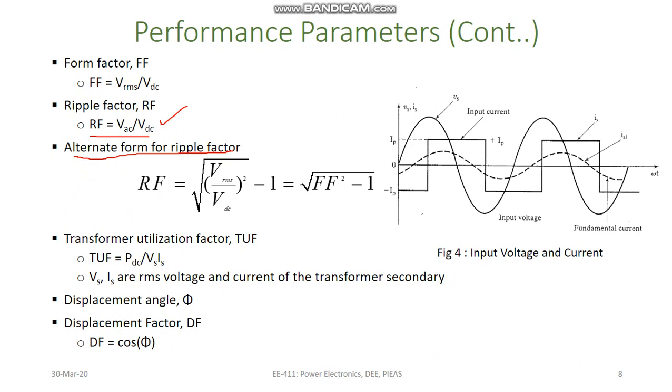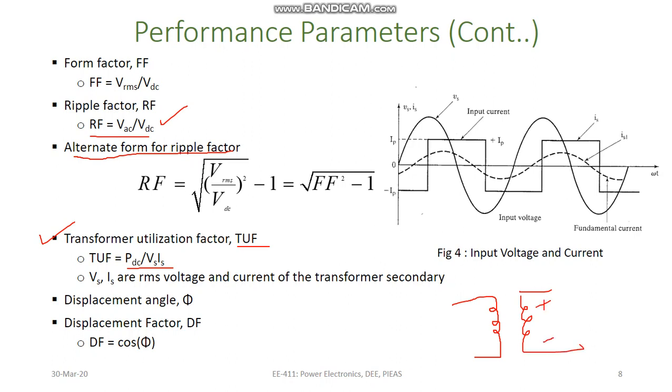The next performance parameter that we are going to discuss is the transformer utilization factor, or TUF. It is defined as the ratio of DC output power to Vs over Is, where Vs and Is are the secondary side voltage and current of the transformer.